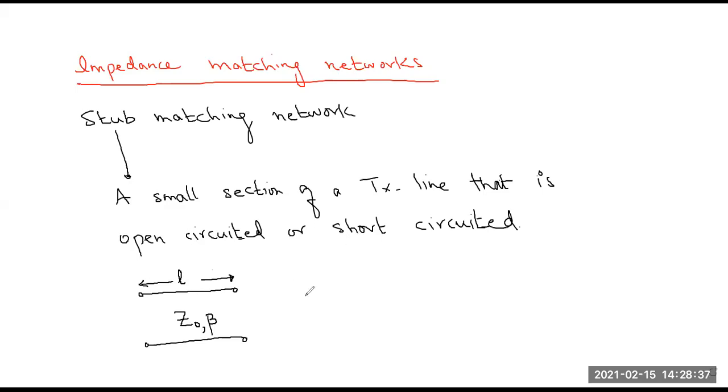If it is open circuited, it means we don't connect anything between the two output terminals. So ZL, the load of this transmission line, is infinity, which we call an open circuited load.